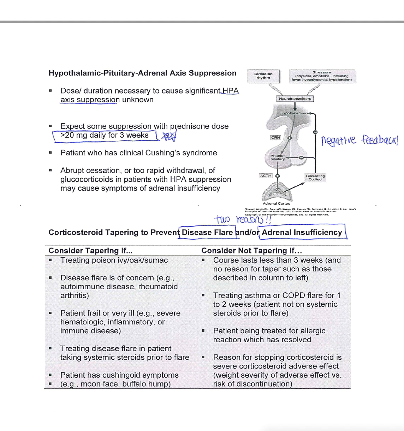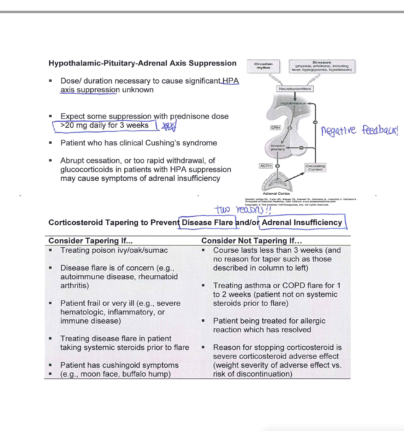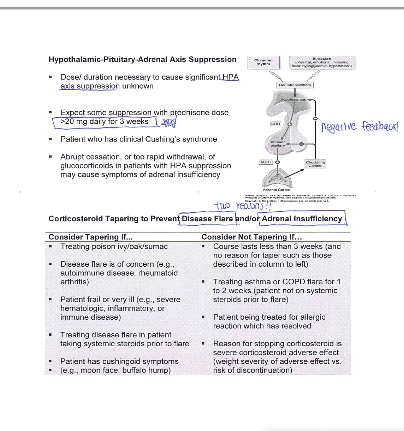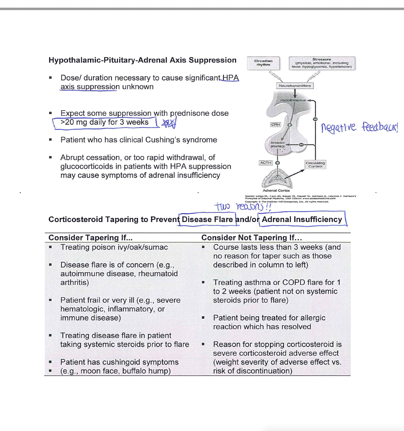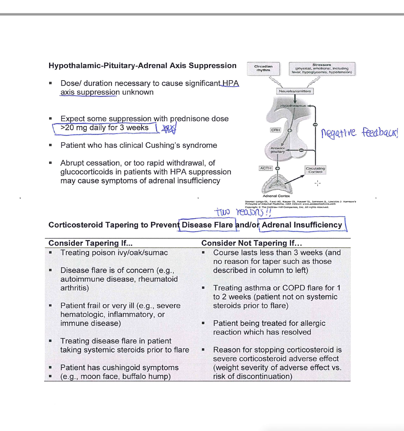All right, so what is HPA axis suppression? The hypothalamic pituitary adrenal axis is this. So basically, kind of similar to the axis for the thyroid gland. The stimulation comes from the hypothalamus and anterior pituitary that goes down to the adrenal cortex.